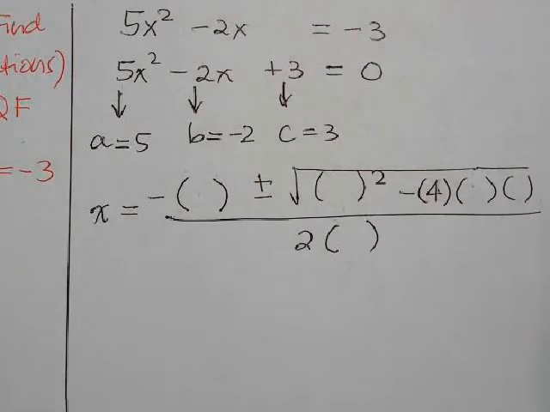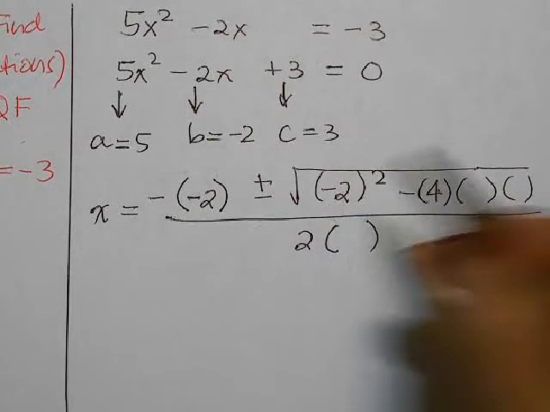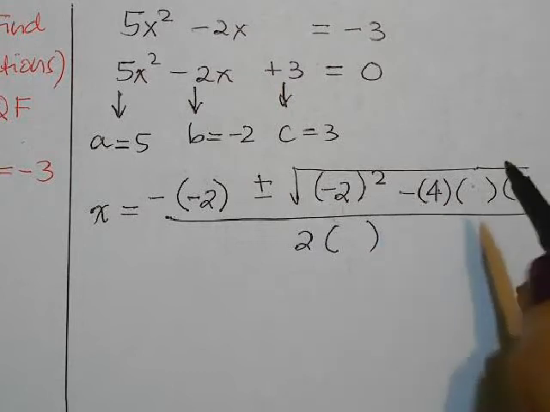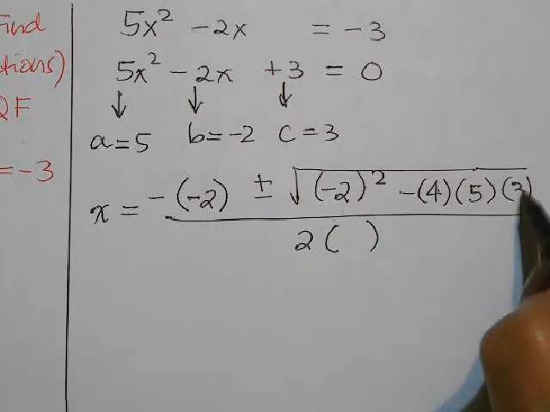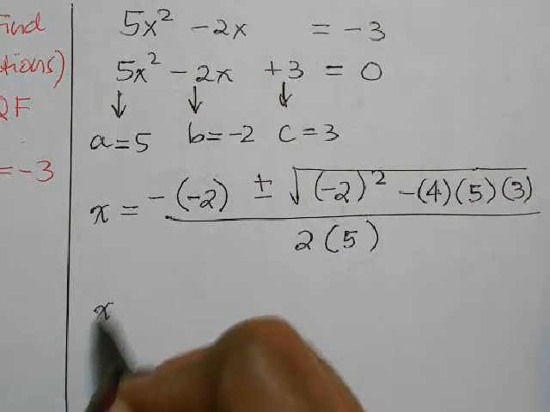So you will write your B here and here, negative 2 and negative 2. Here you will write the other two, so A is 5, C is 3, and here you will write your A. Okay, simplify.